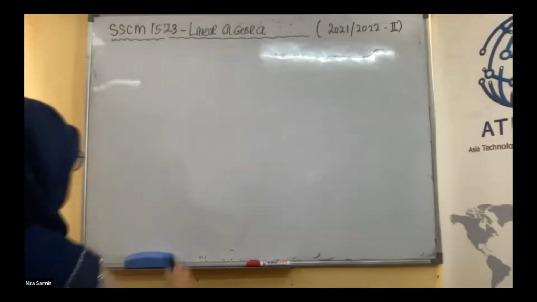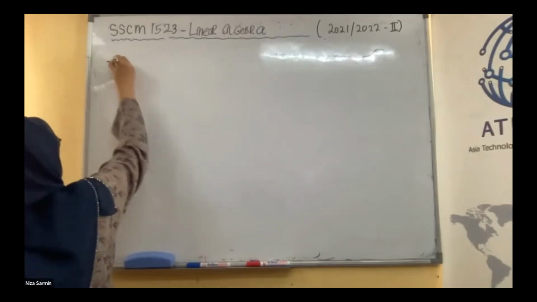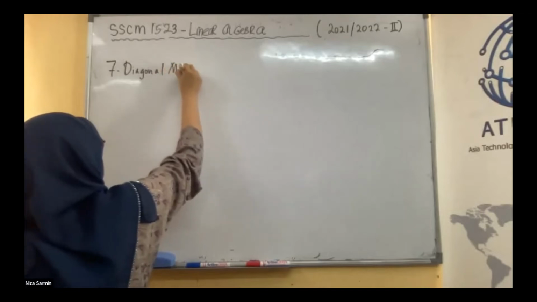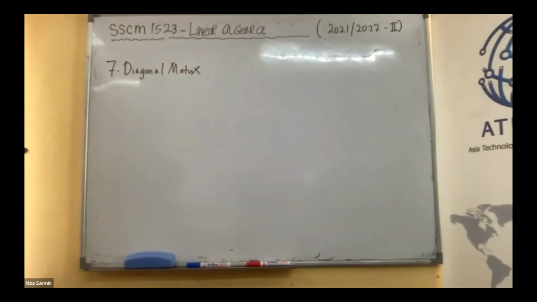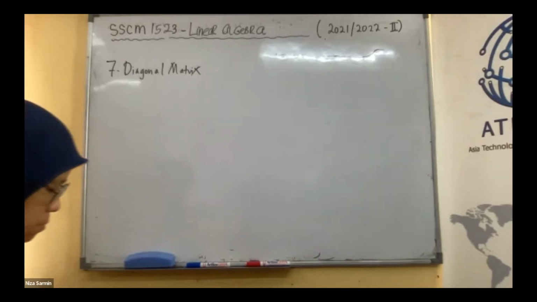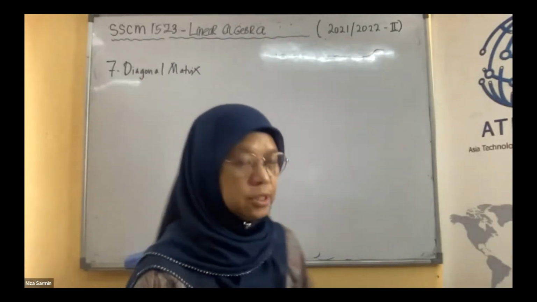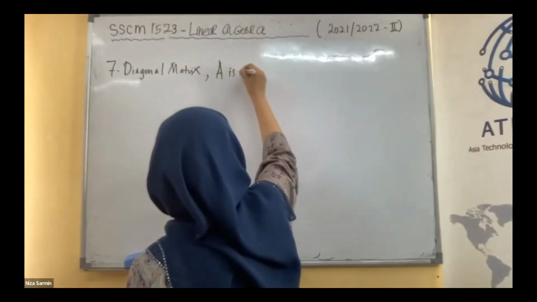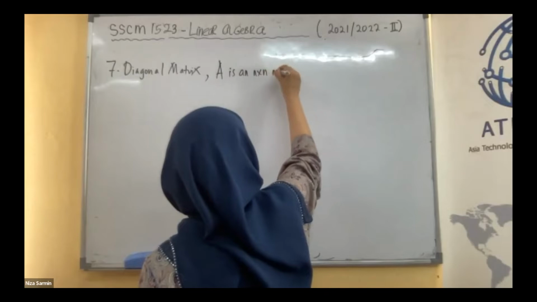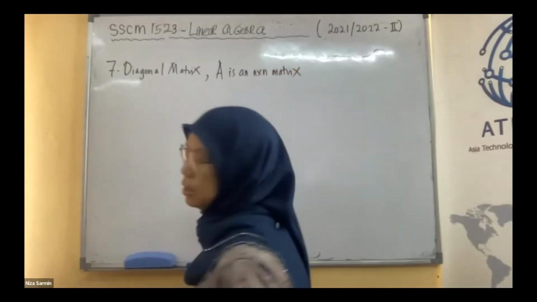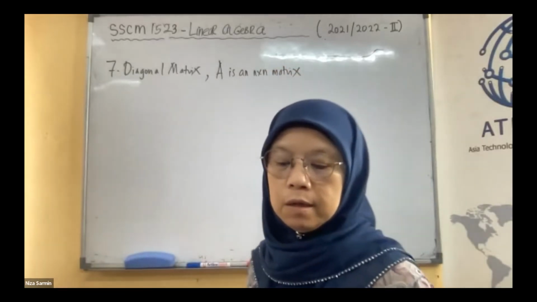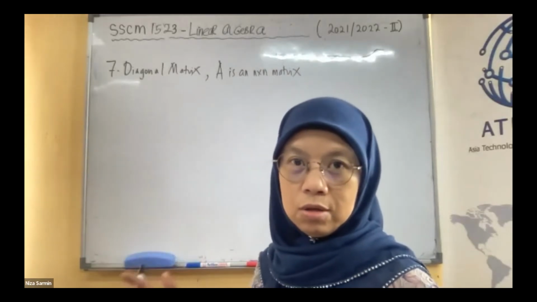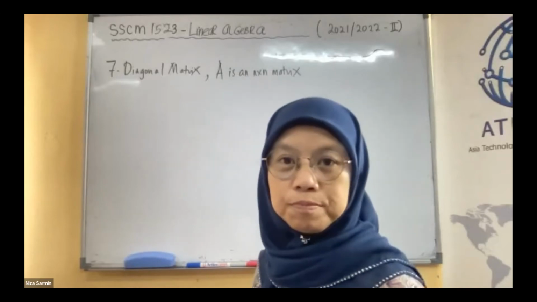Number 7, diagonal matrix. Okay, what is a diagonal matrix? A diagonal matrix is a square matrix. A is an n by n matrix, a square matrix in which all of the entries not on the main diagonal are 0.